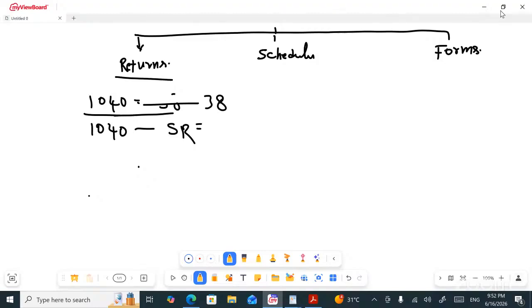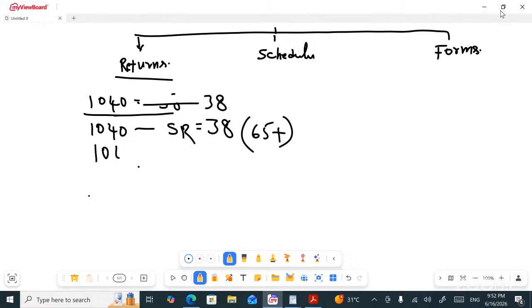Similarly, the same 38 points continue even in 1040 SR. It is useful for senior citizens if the taxpayer's age is 65 or more. The font size will be larger compared to plain 1040. That is the reason this form was issued.